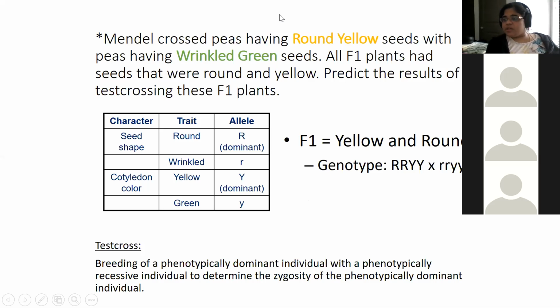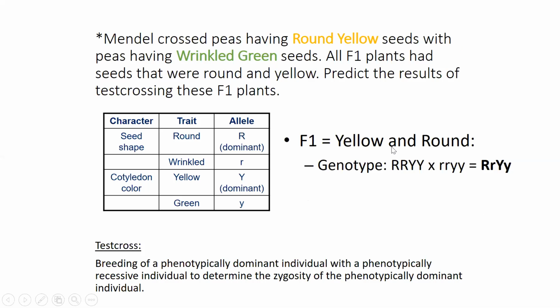Okay, so we know that the parents are either homozygous for both of them, right? Because in this case, you see only round and yellow characteristics.